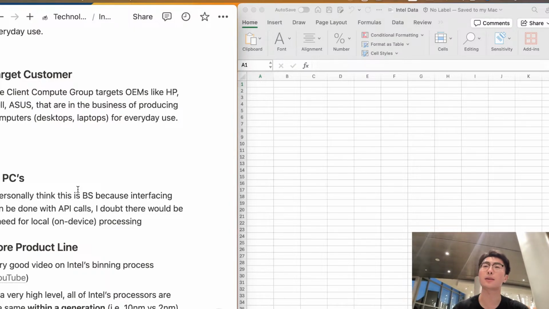Because nowadays, I think this is a point I brought up earlier, you could just straight up call an API over a server that'll do the exact same thing. You don't really need to do everything on device, unless maybe you have confidential information for work, I could see that. So if you want to keep things on-prem, then that could be a use case.